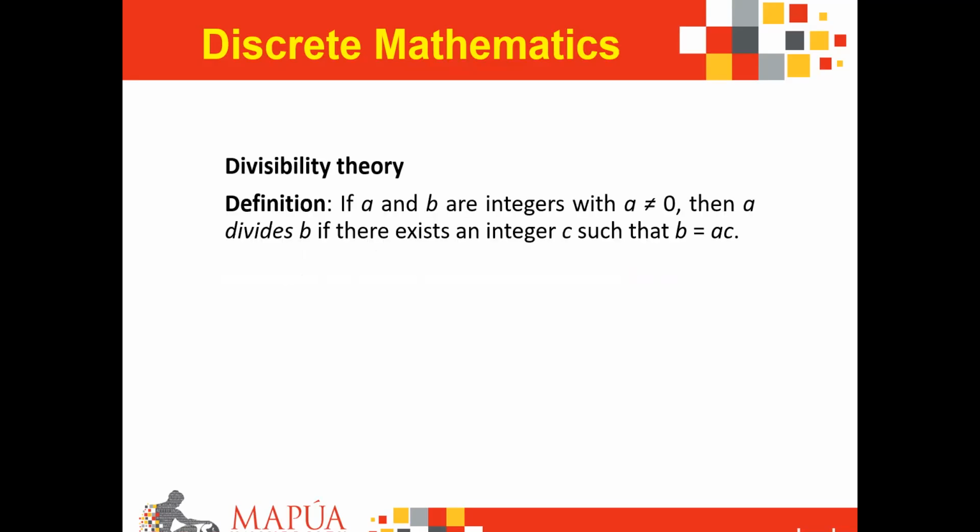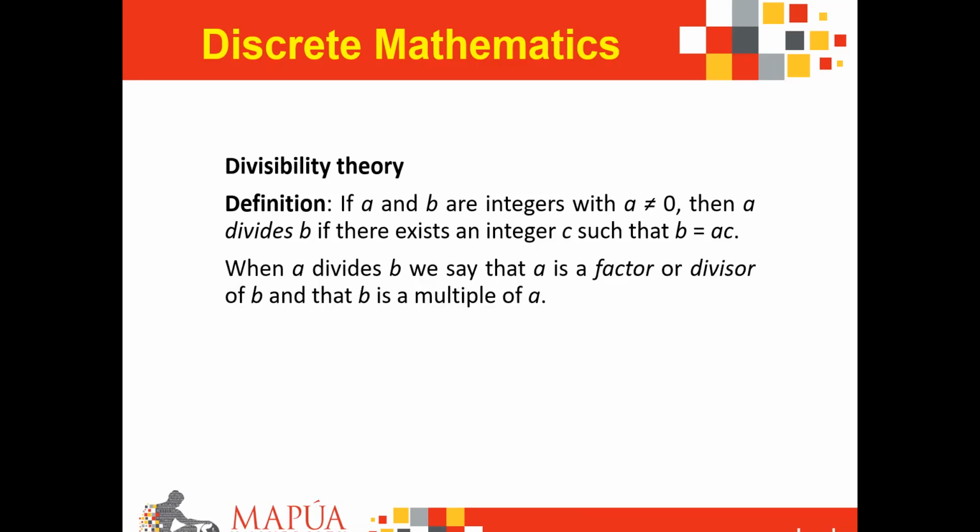The divisibility theory. According to the definition, if a and b are integers with a not equal to 0, then a divides b if there exists an integer c such that b is equal to a times c. When a divides b, we say that a is a factor or divisor of b and that b is a multiple of a.